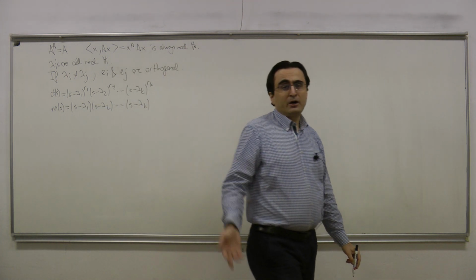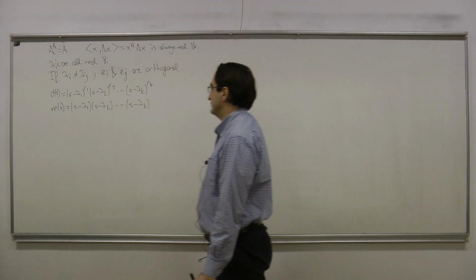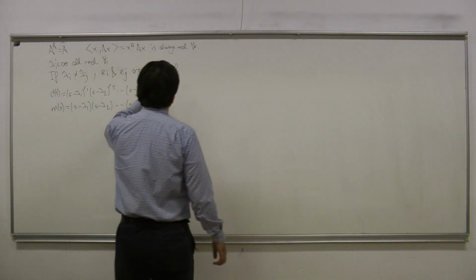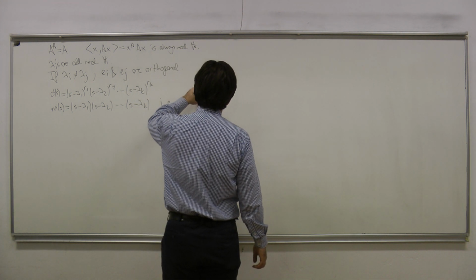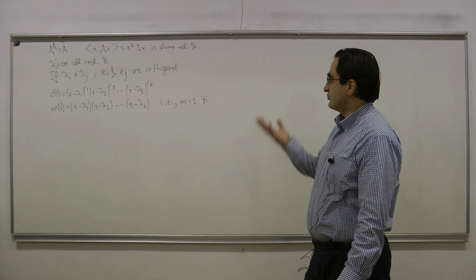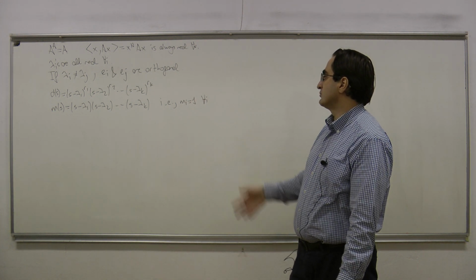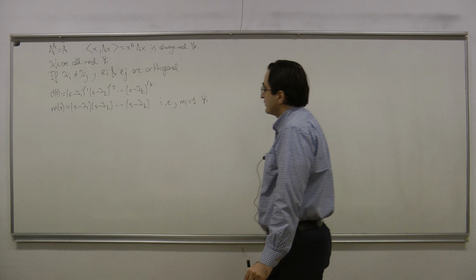This means that all of the powers, all of the multiplicities in the minimal polynomial should be 1. In other words, m_i is equal to 1 for all i. And this told us something about the Jordan canonical form of the Hermitian matrix.